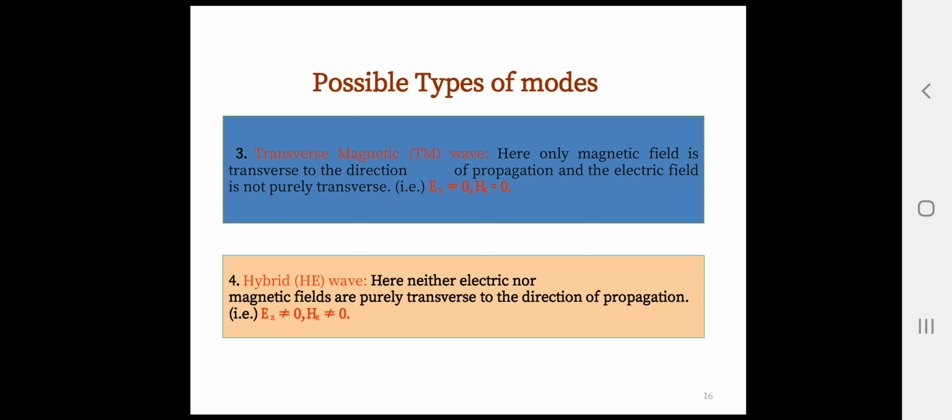So here Ez is not equal to 0, but Hz is equal to 0. Hybrid kind of waves are also possible. Here neither electric nor magnetic fields are purely transverse to the direction of propagation. In this case, Ez is not equal to 0 and Hz is not equal to 0.